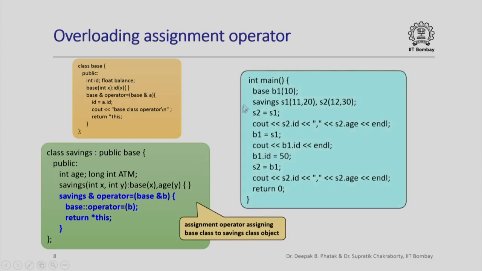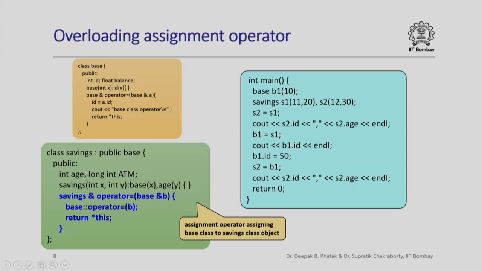So now if I have a main program like this, here I am instantiating an object of class B1 and this constructor gets invoked. This initialization list initializes the value of ID. I am instantiating two objects S1 and S2 of the class savings. These arguments are used to initialize the data members ID and age of these two objects, and of course S2 is assigned S1 is fine, both of them are objects of the same derived class.